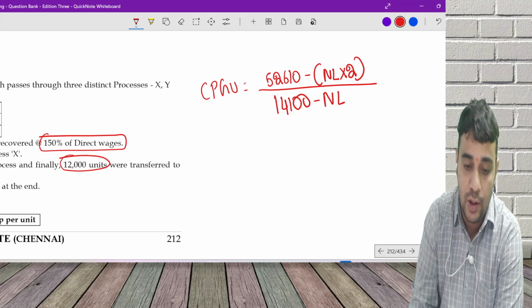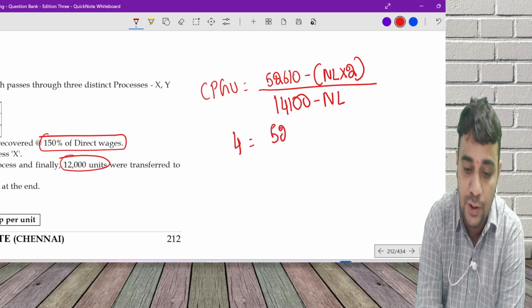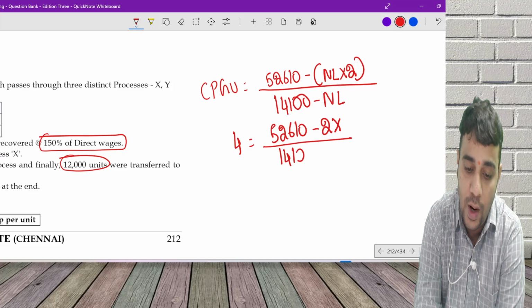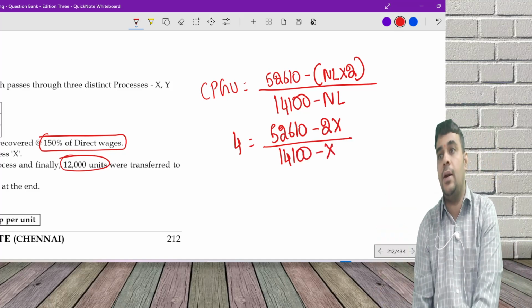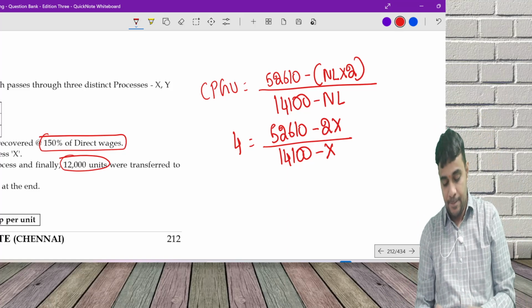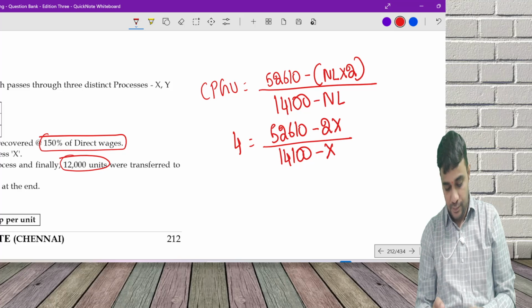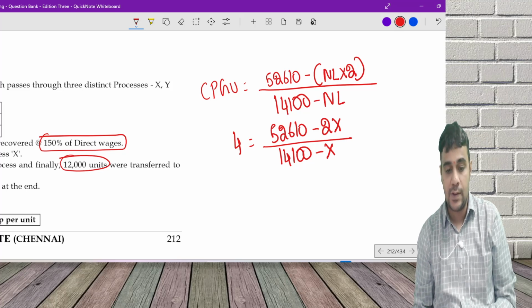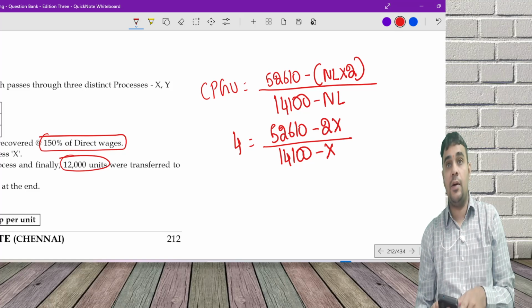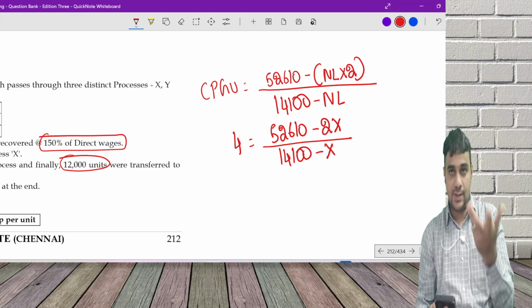Let normal loss be x. So the cost per unit equals 52,610 minus 2x, divided by 14,100 minus x. Please solve it. Cost per good unit is all expenses minus sale value of normal loss, divided by expected output. x is 1,895. That is the normal loss.